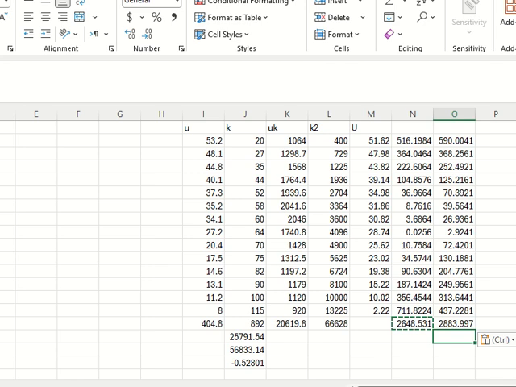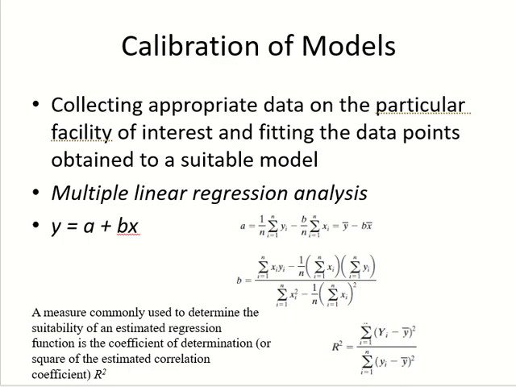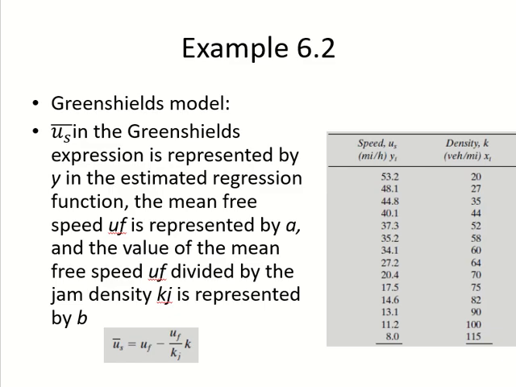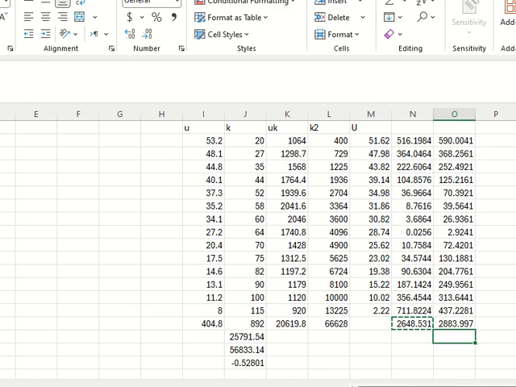I will show you here what I did. The difference from the mean for the equation values, the difference from the mean for the actual values, both squared. And what is R square? The ratio of their sums. So if you do the sum, what will you get? It is this upon this.